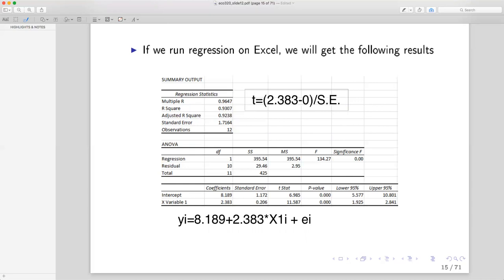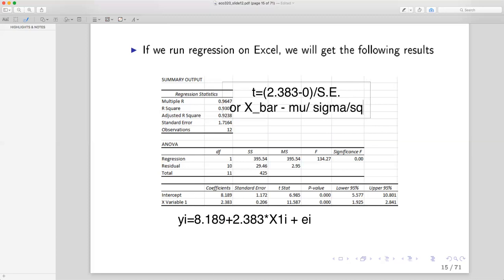Our standard error previously was sigma over the square root of n, right? This was basically x bar minus mu, over sigma over the square root of n.